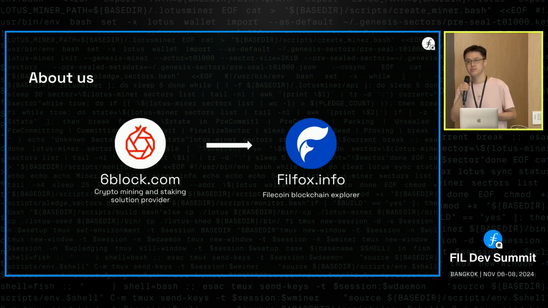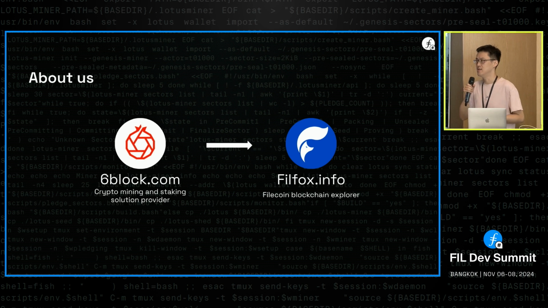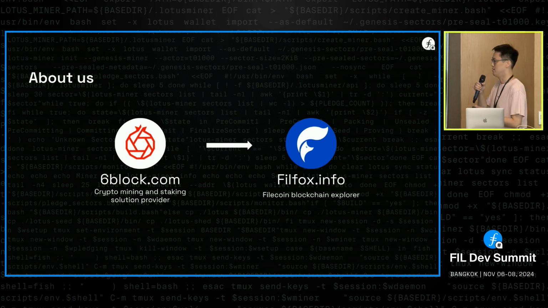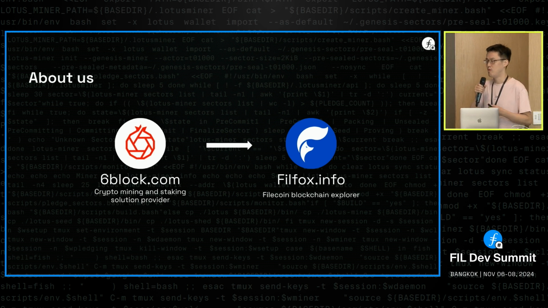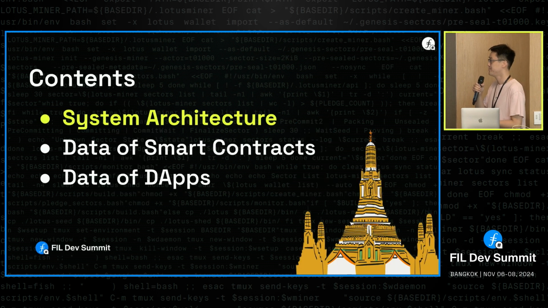So to help those miners understand the data on Filecoin, we also built the Filfox Explorer. At that time, all the miners, especially those back in China, could know more about the transactions, the blocks, and some other data about the Filecoin blockchain.